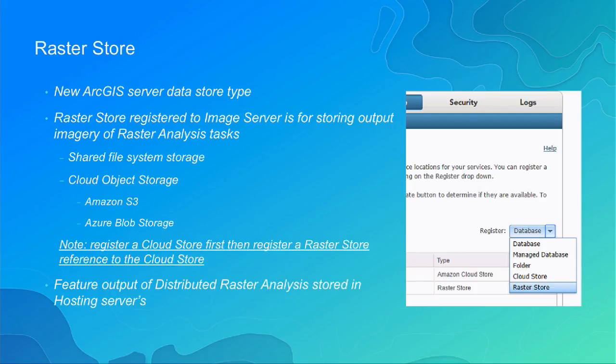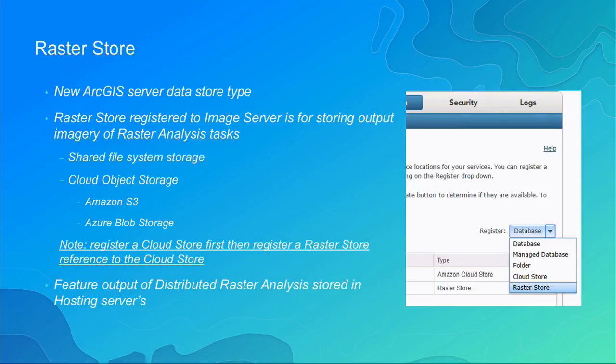For those of you who have used image server before, you must know that in order to publish image services, you used to have to register a data store, so that your data is not actually copied to the server storage, but is referenced by the image server, right? The Raster Store is a new ArcGIS data store type that we created since 10.5. The idea of Raster Store is that this is the place used when you are running enterprise raster analysis, distributed raster analysis.